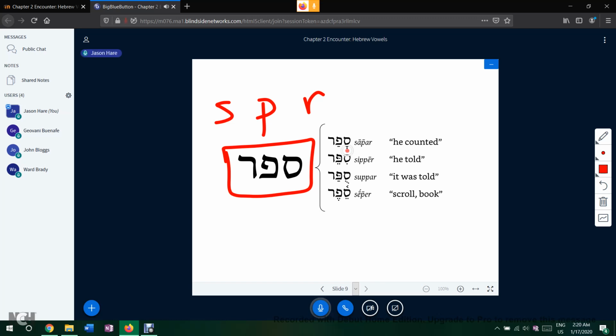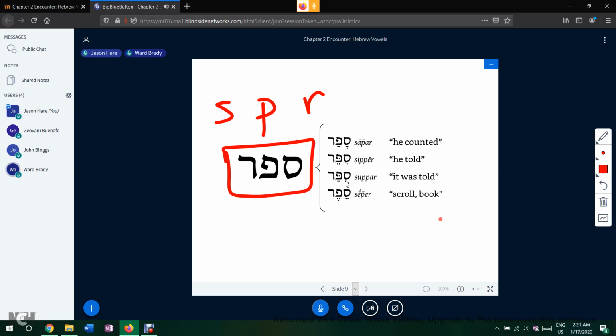Or you could add these vowels, and it's Siper. This is he told or recounted. He told something. The same letters with different vowels, and the next one is Supar. It was told or it was recounted. And then the last one, Sefer.